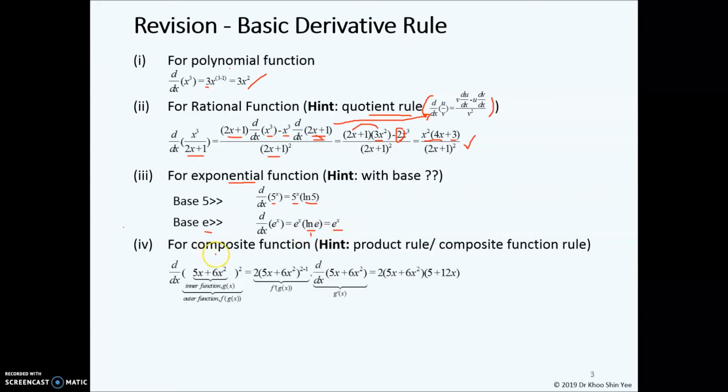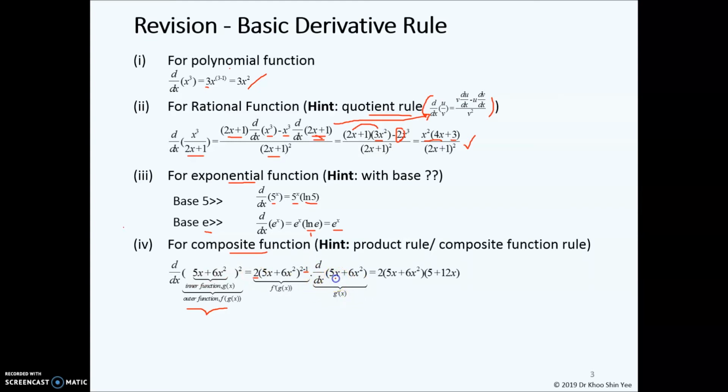Next, we move to the composite function. In this case, you have a polynomial function inside, 5 plus 6x squared, and this polynomial is raised to the power of 2. Normally we solve the outer function first. For the outer function, you multiply 2 in front and reduce the power by 1, and then you continue with the inner part.